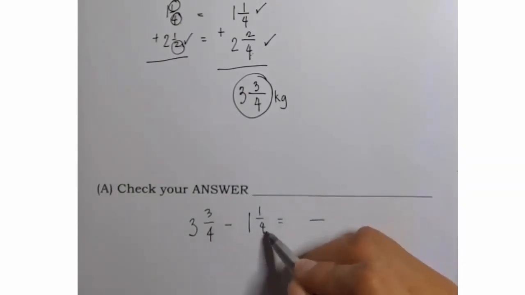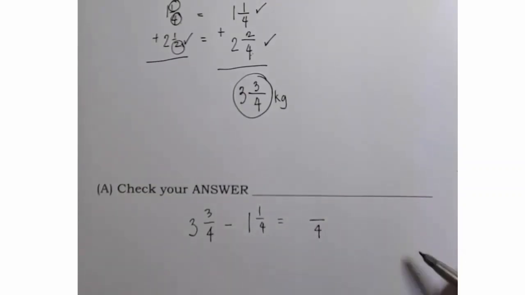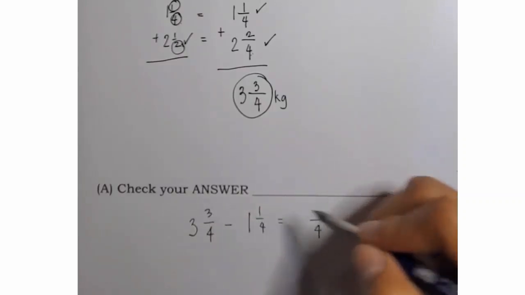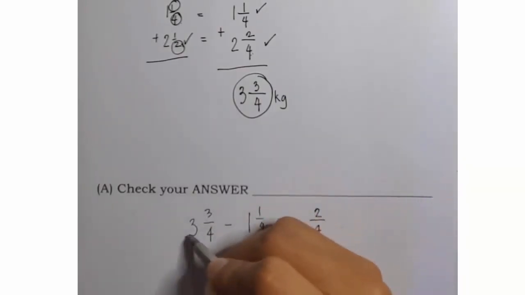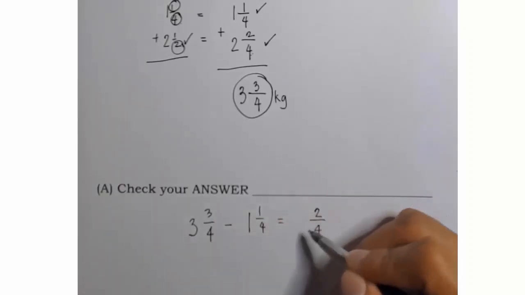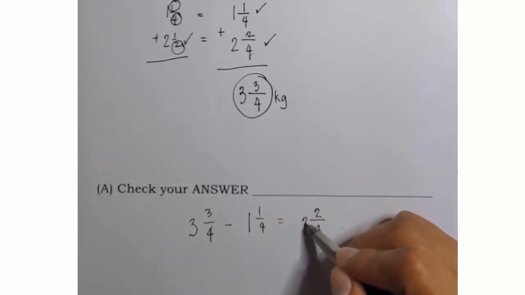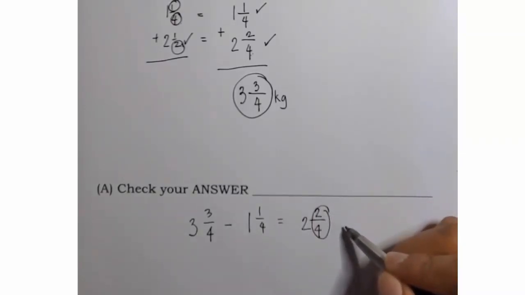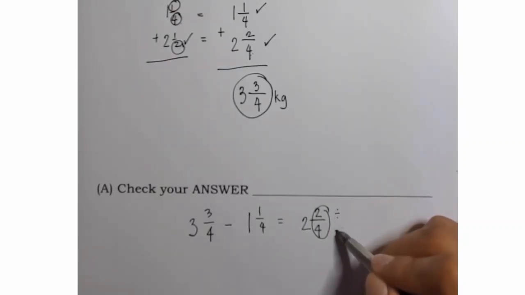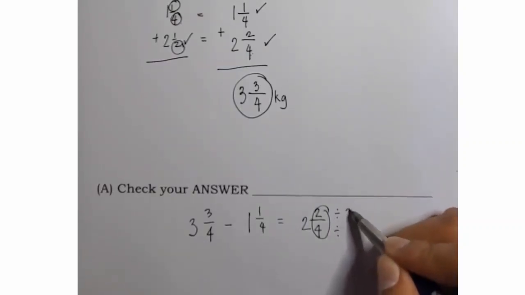So copy the common denominator 4 because they have the same denominator and subtract the numerators. So 3 minus 1 is equal to 2. Then subtract also the whole numbers. So 3 minus 1, that is equal to 2. Of course, we have to make our fraction into its simplest form. So both numerator and denominator are divisible by 2.